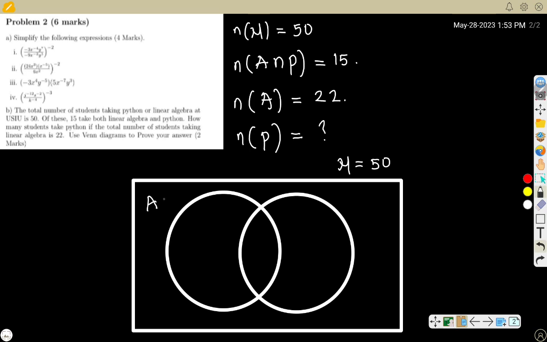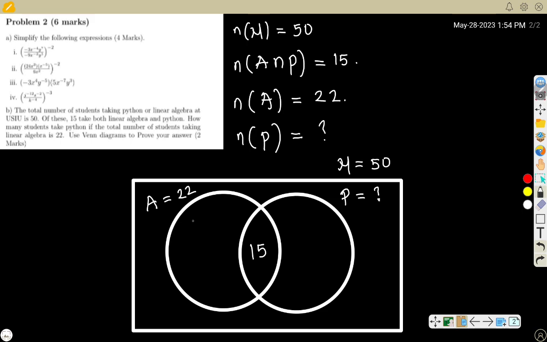Number of linear algebra is 22. Number of Python unknown. So we don't know the number of Python here, question mark. So both is given as 15. So this place is easy to know.